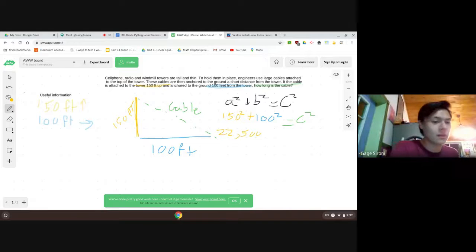We're going to add 100 squared, which is 100 times 100, and that's going to be 10,000. That's going to equal 32,500.